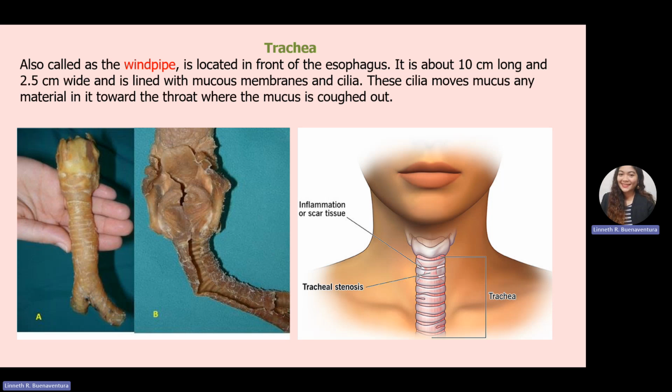It is about 10 centimeters long and 2.5 centimeters wide. It is lined with mucous membrane and cilia. The cilia move mucus and any materials in it toward the throat where the mucus is coughed out. Okay, so this is the trachea.